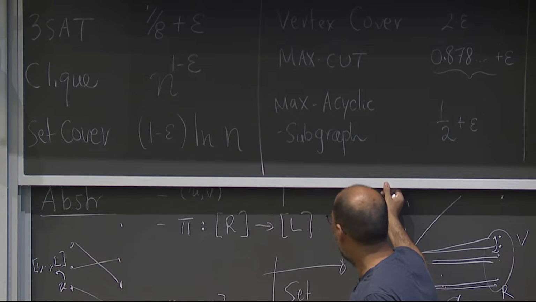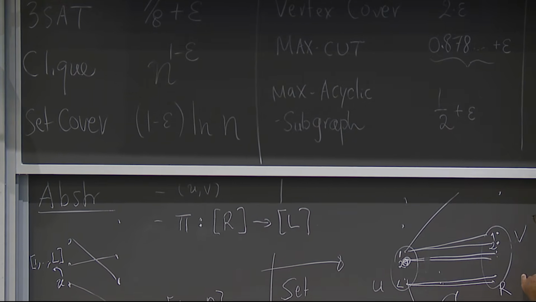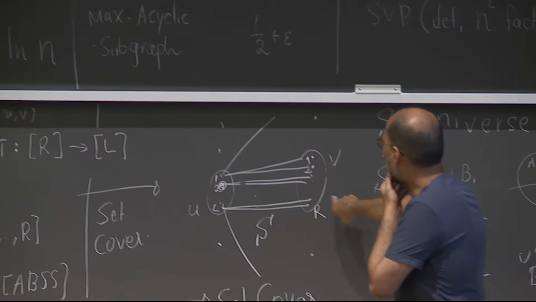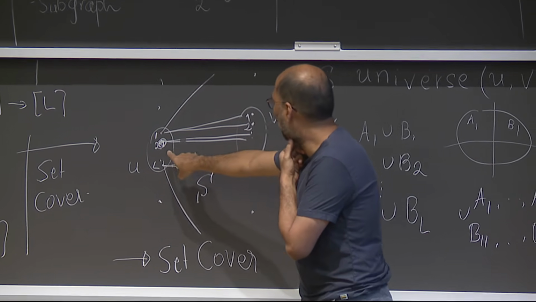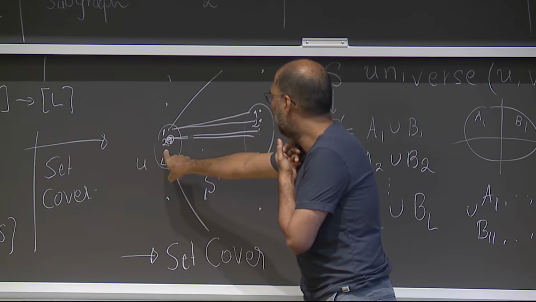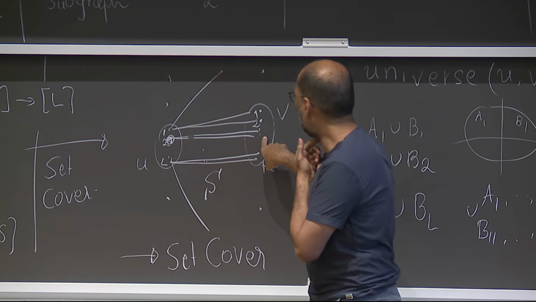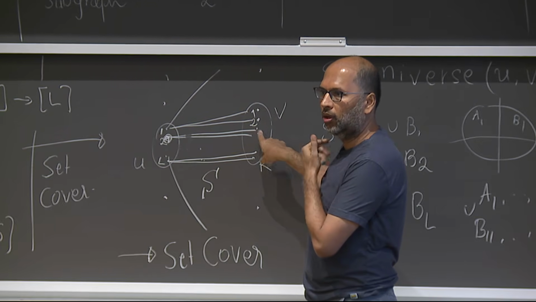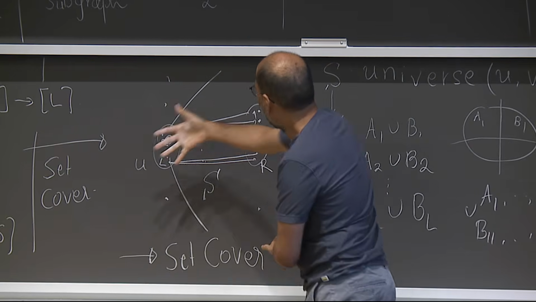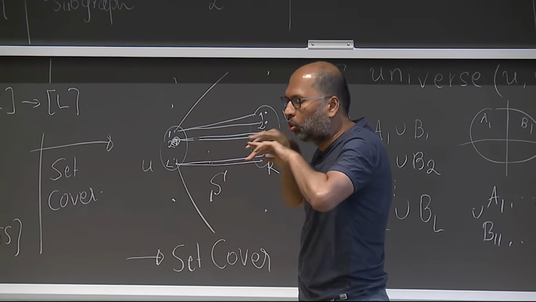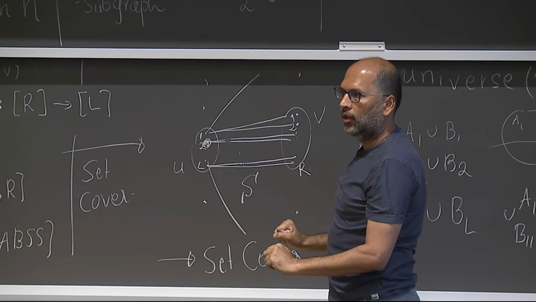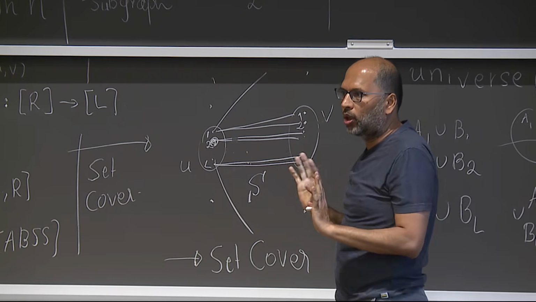Now, if you remember this picture here, I said that it's a label cover instance where, at least in this picture, it seems like a label on this side has 2 possible labels on this side. Or if you try to view from this side, then this map is 2 to 1. Actually, in reality, this is not the case.